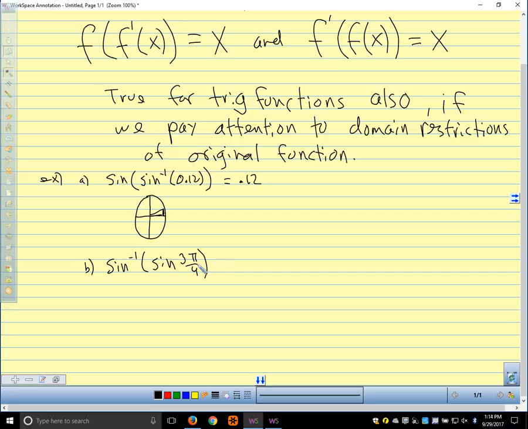Is 3 pi over 4 between negative pi over 2 and pi over 2? No. So we need to figure out the angle, because we know that what we get out of an inverse sine function is an angle, between negative pi over 2 and pi over 2 that lets that work.